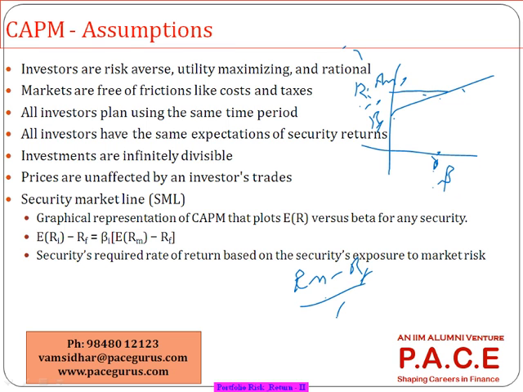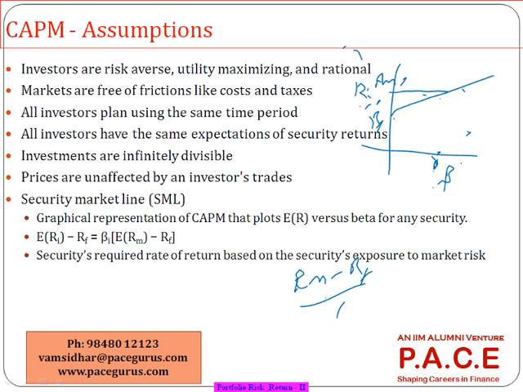So RM minus RF, which is the risk premium: the actual return on the market minus the risk-free rate of return, the premium which the market has generated over the risk-free rate of return, right? So I'll take this value as RM minus RF.